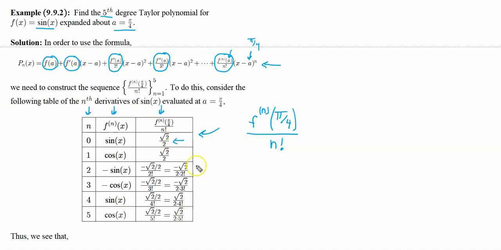Okay, so these are the coefficients that go right up here in this formula. So once again, our first one here is root 2 over 2. Our second one here is root 2 over 2. This one, when n is 2, or our third coefficient, is negative root 2 over 2 times 2 factorial.